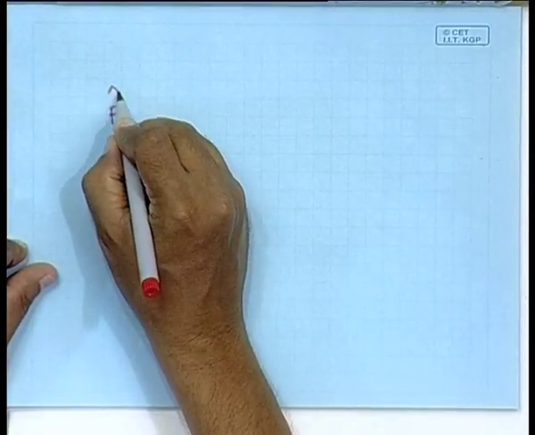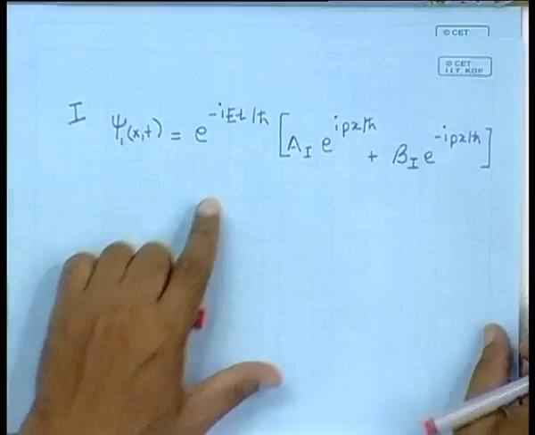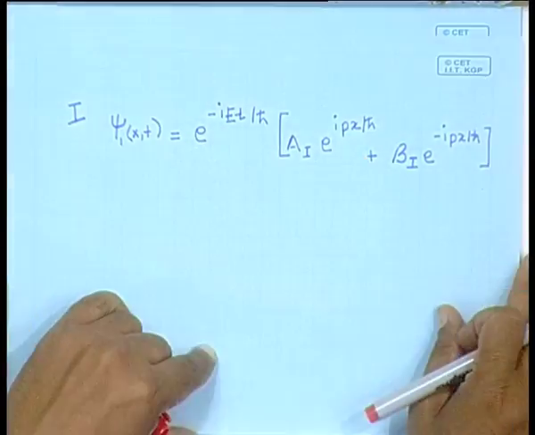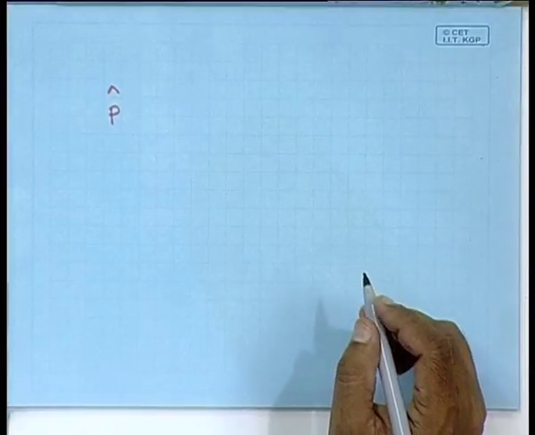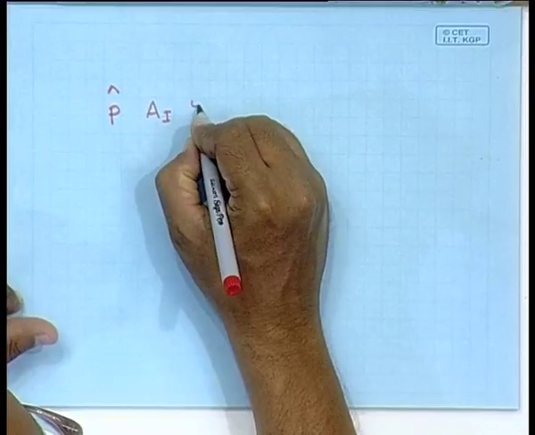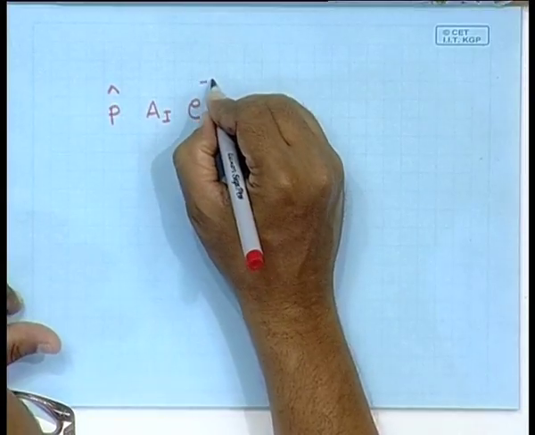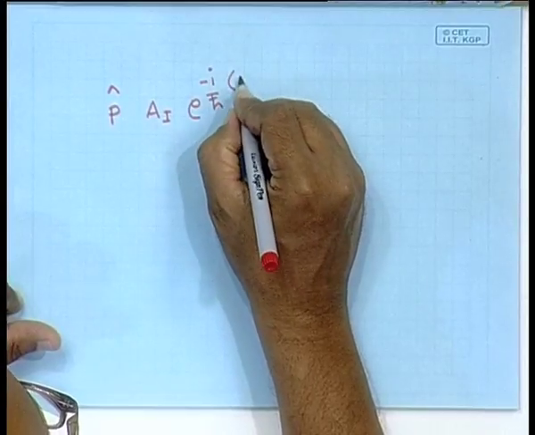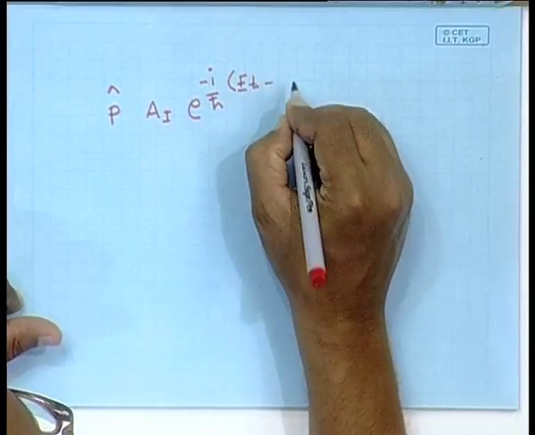Let me write out this first part separately. The first part is A1 e to the power minus i by h cross (E t minus p x).